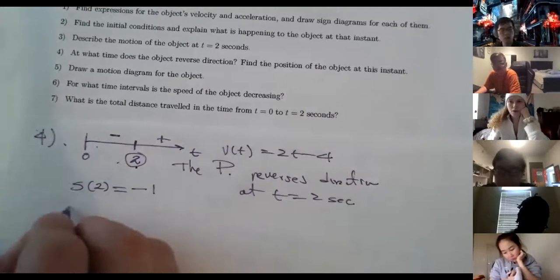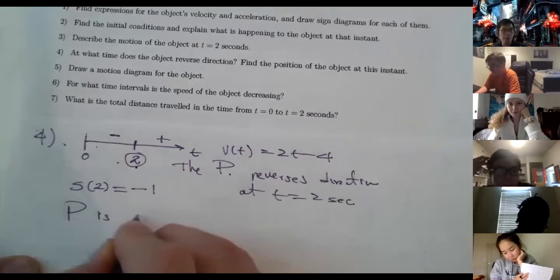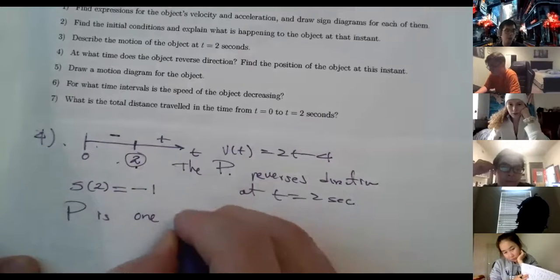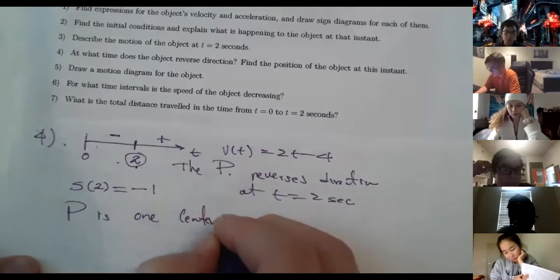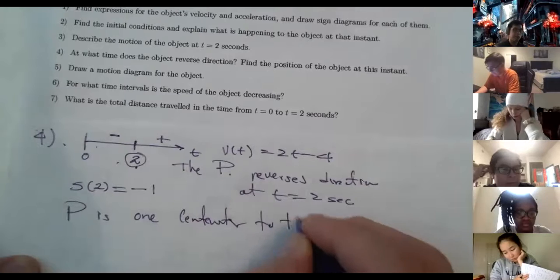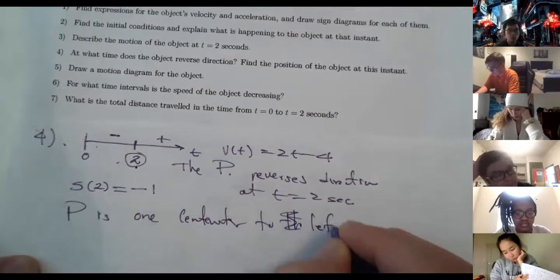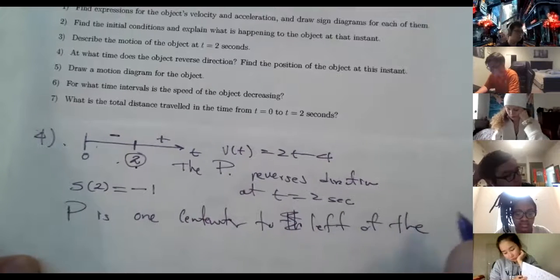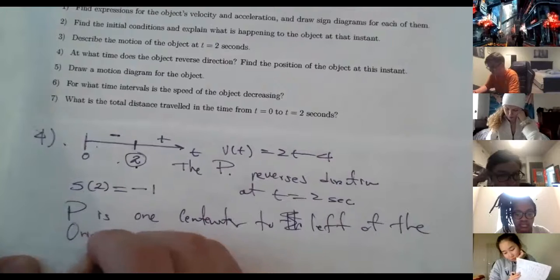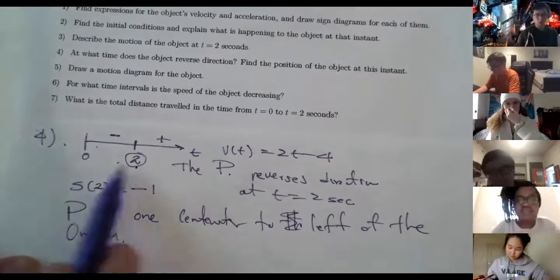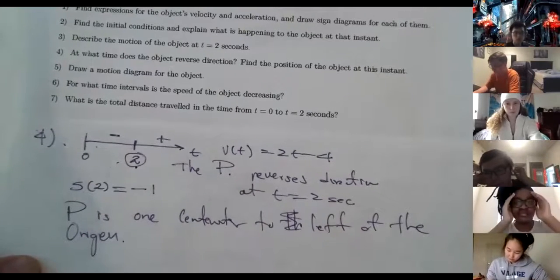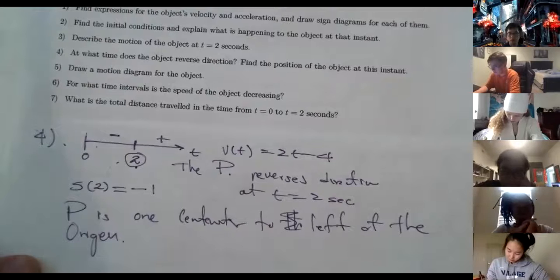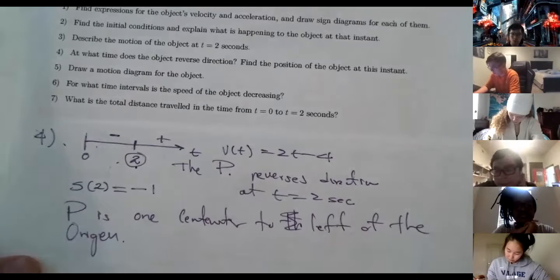So the particle, or P, is 1 centimeter to the left of the origin. Notice that we actually had all this information before, right? So it was a matter of making an interpretation of that information, okay?